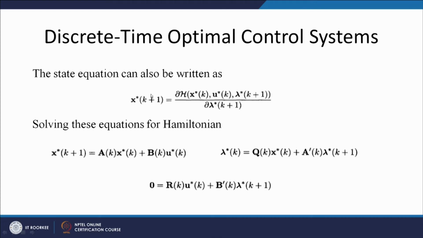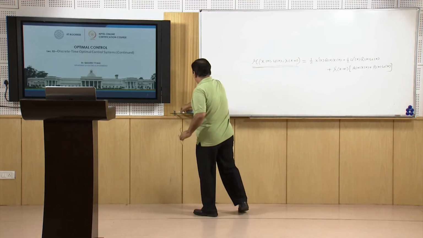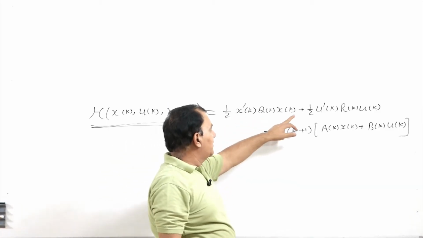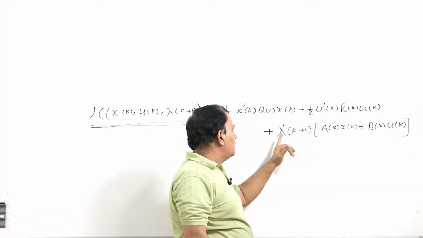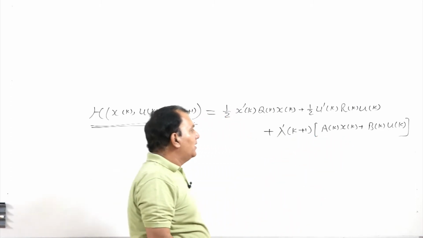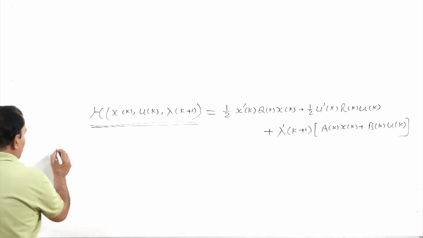So, we get all functions of H in terms of x star k, u star k and lambda star of k plus 1. We have defined the Hamiltonian as H equal to half x prime Q x plus half u prime R u plus lambda prime k plus 1 times A k x k plus B k u k. By this we have to find our control equation.